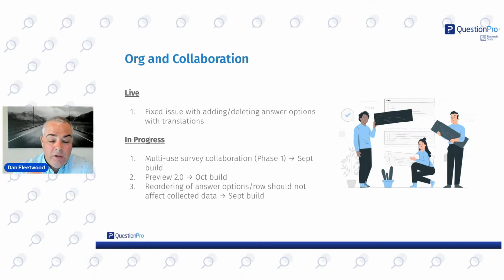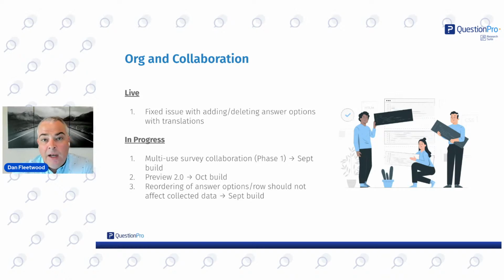Now, when you preview the survey, you can choose to toggle those on or off, and that way you can easily get through the survey. You can jump to specific blocks. I'll get more into this, so I don't want to talk about it too much here, but that is a quick overview of the survey preview 2.0, and I'll talk about it again on an upcoming slide.